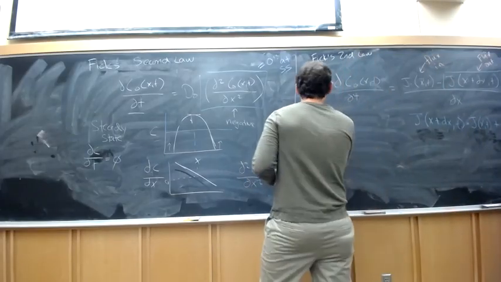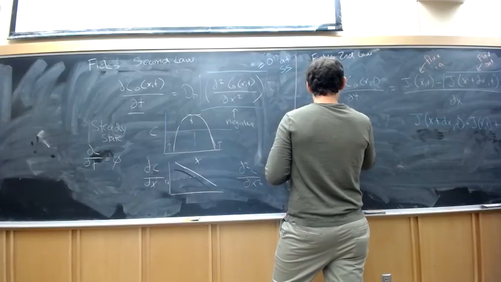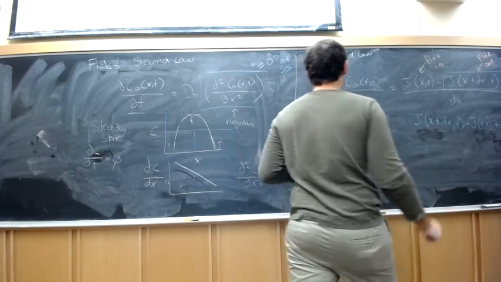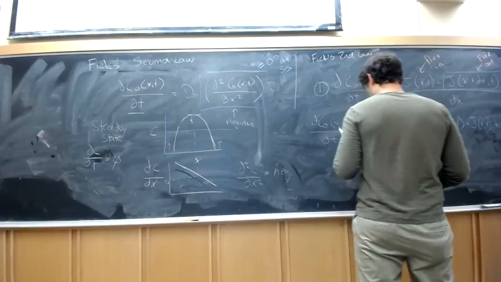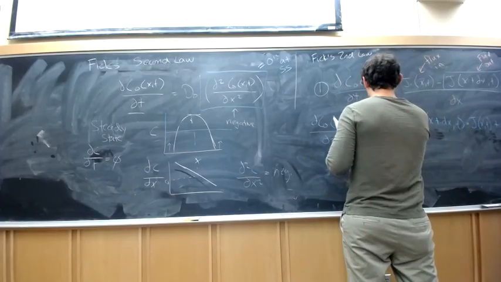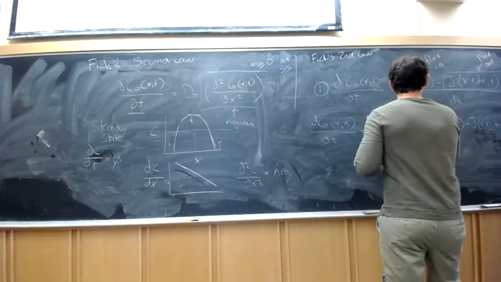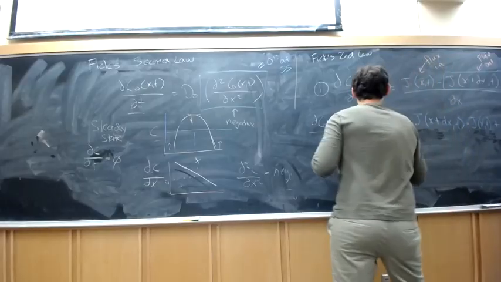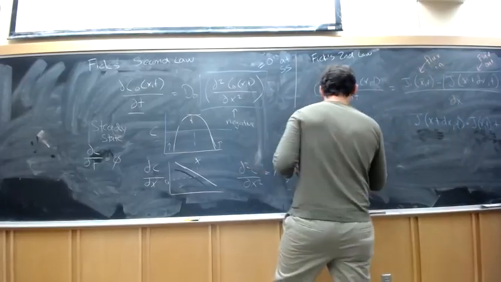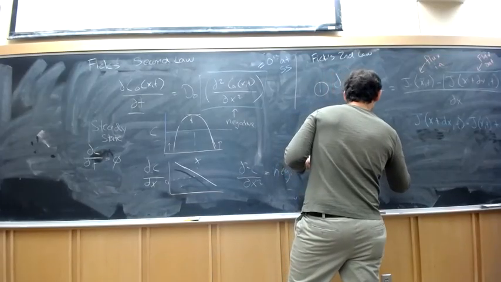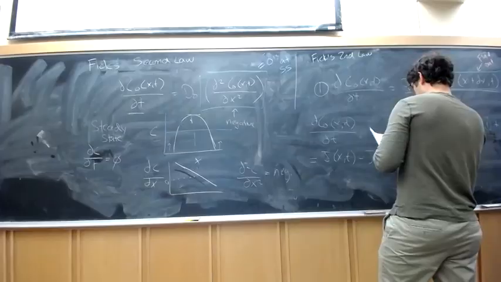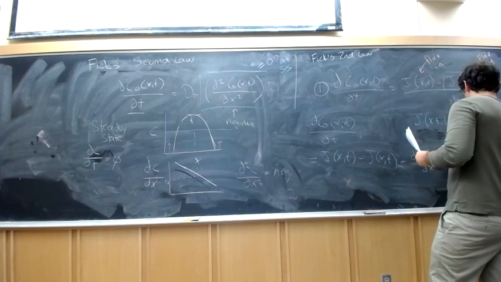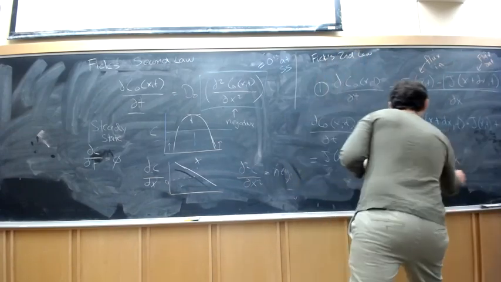From 1, we can write dC(x,t)/dt equals these two terms put together, which gives you J_x(t) minus this term, which is going to have another J_x(t) in it, minus dJ_x(t)/dx times dx, divided by dx.